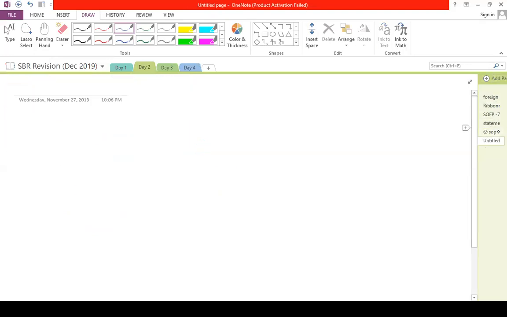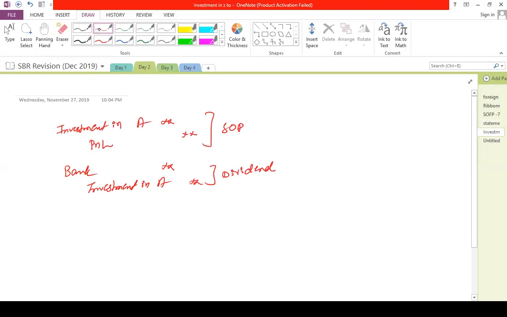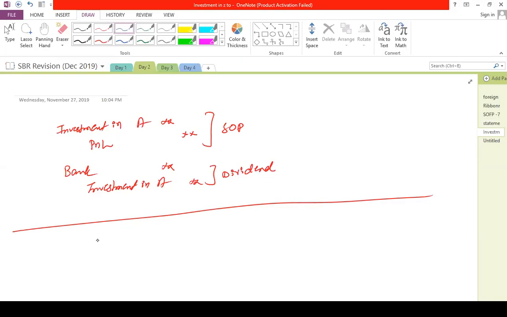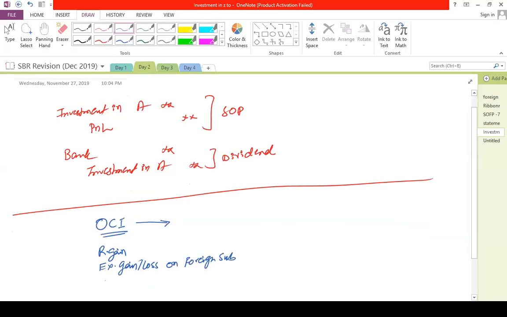Now there's one more thing. Any gain or loss recorded in the OCI, like for example, a revaluation gain or exchange gain or loss on a foreign subsidiary, similarly, any gain or loss on the fair value through OCI item, all these are the values which would have been recorded in the OCI.